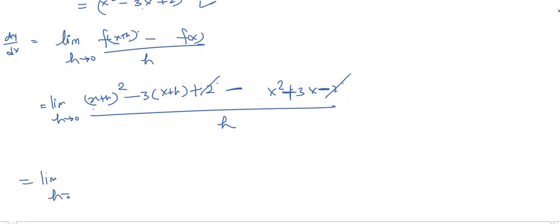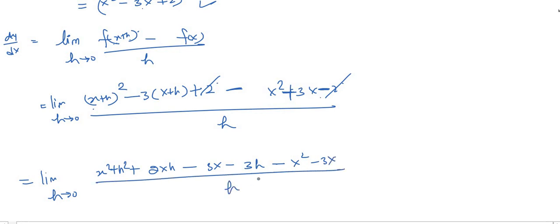Okay, let's try to simplify it further. Limit h is tending to 0. What will this be? x plus h will be x plus h square plus 2xh minus 3x minus 3h, correct? Minus x square minus 3x divided by h. Now is anything cancelling?